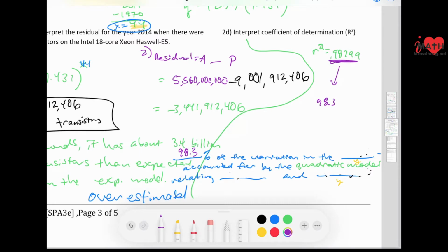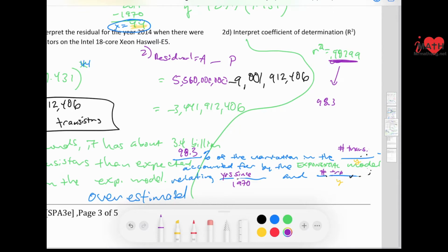98.3% of the variation in the Y, which was the number of transistors, accounted for the, not a quadratic, but an exponential model relating what is our X, years since 1970, and our Y, which is the number of transistors.